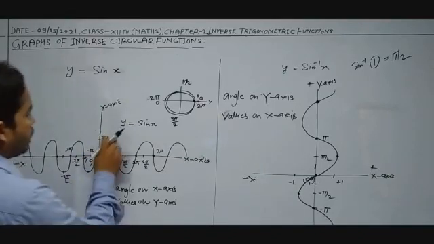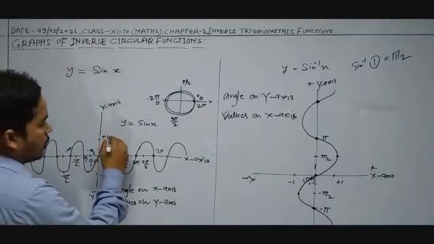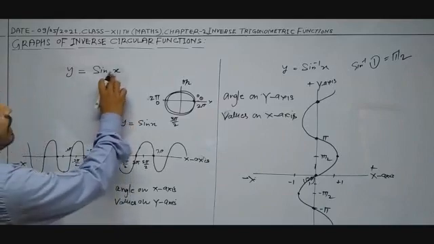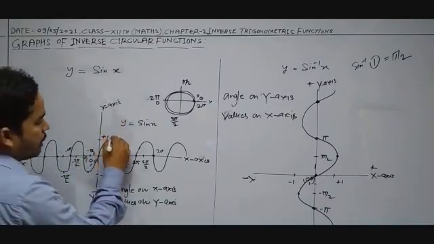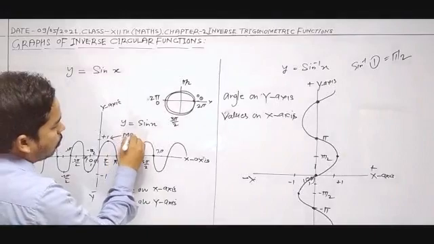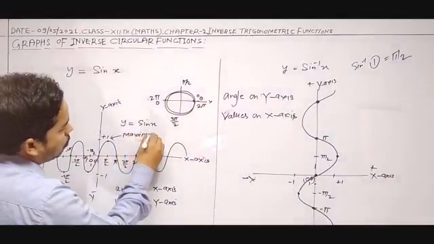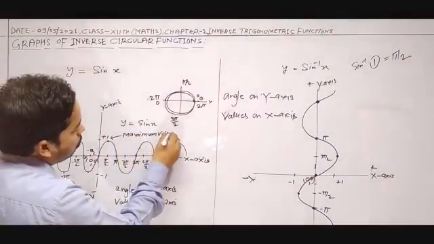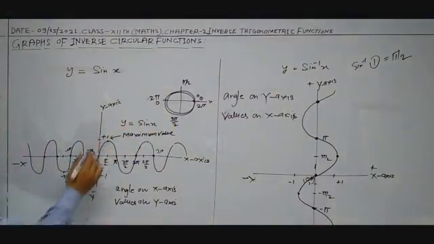In the graph y is equal to sin x, when you consider x is equal to pi by 2, this is the maximum value, maximum value plus 1, and at minus pi by 2 there is a minimum value.